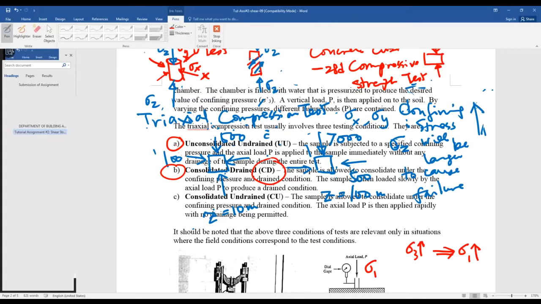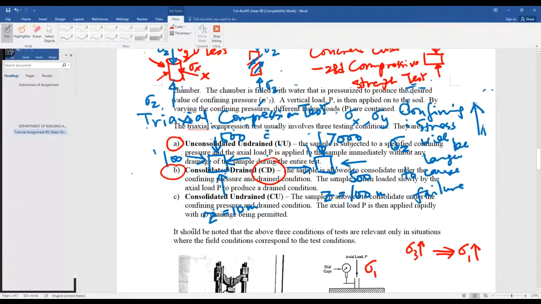In other words, you allow the pore water pressure to equal zero. So any loading you impose upon the soil specimen will give rise directly to an increase in the effective stress of the interlocking of the particles. So that is the CD test.